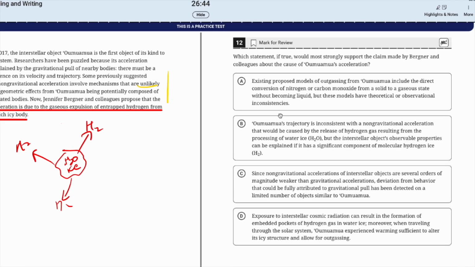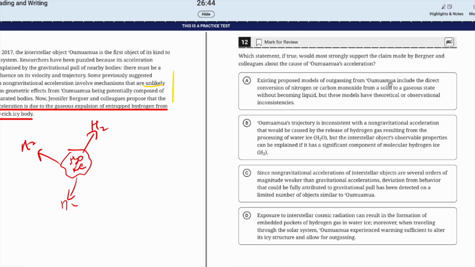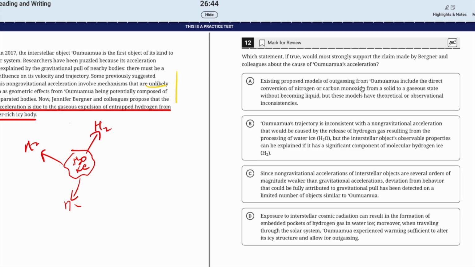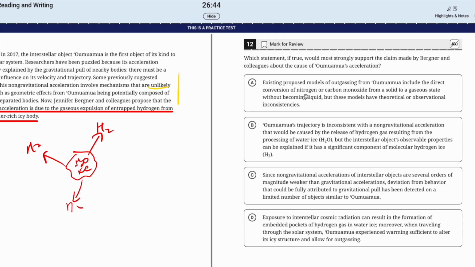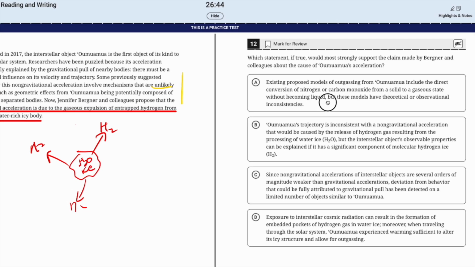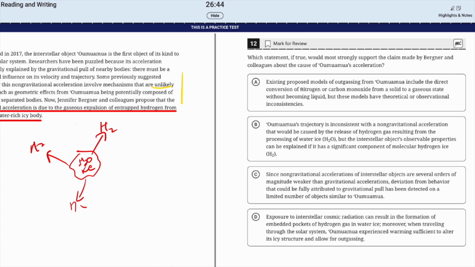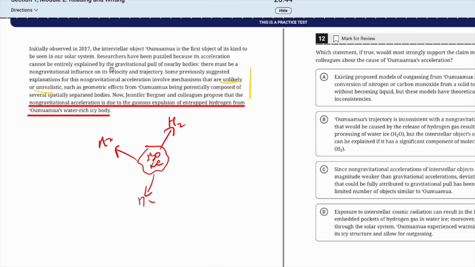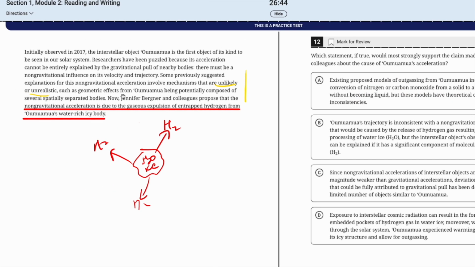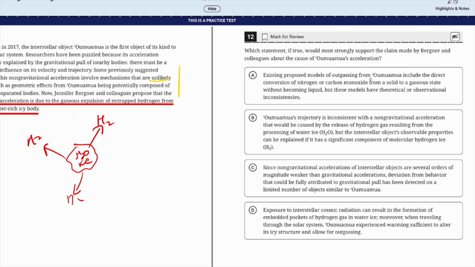And okay, so A: existing proposed models of outgassing include the direct conversion of nitrogen or carbon monoxide from a solid to a gaseous state without becoming liquid. That wouldn't support. It doesn't really support their claim.